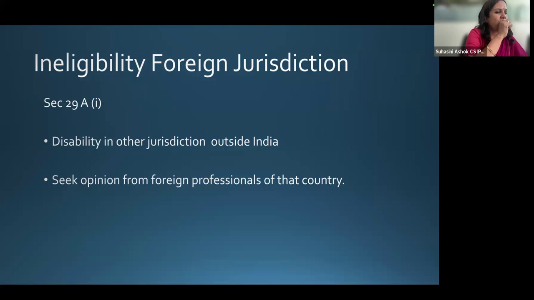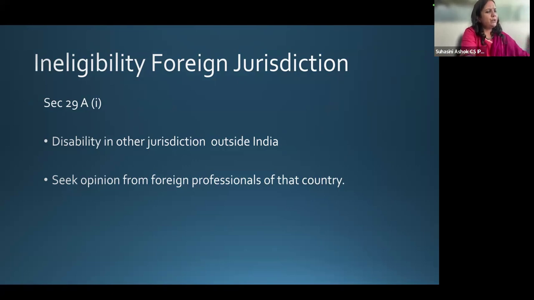I'll read it out for the benefit of the participants. Can we share Section 29A here? Yeah.